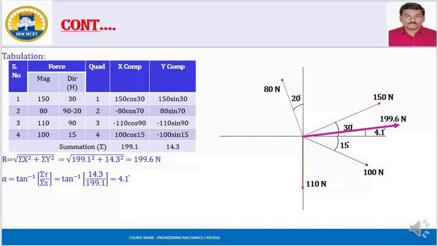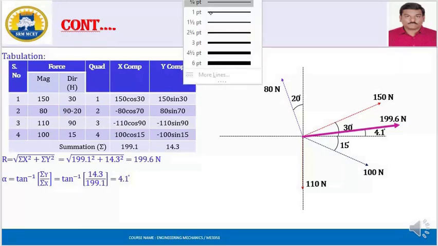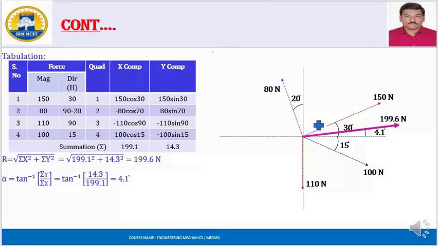Now we resolve the second force. The second force is at 20 degree from the y-axis. You can convert that to the x-axis: the total angle is 90 degree, so 90 minus 20 is 70 degree.